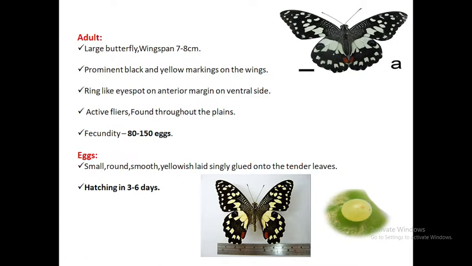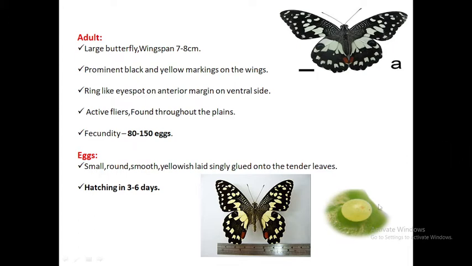And if we study the number of eggs the adult female can produce in her entire lifespan, her fecundity is approximately 80 to 150 eggs. She generally lays her eggs on the leaves of the lemon plant, because the lemon plant is the host of this pest.